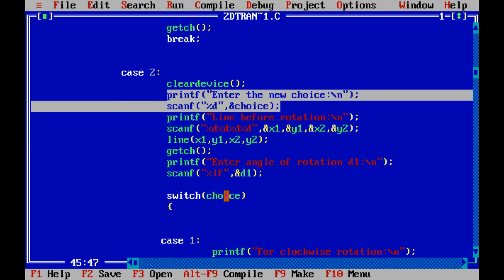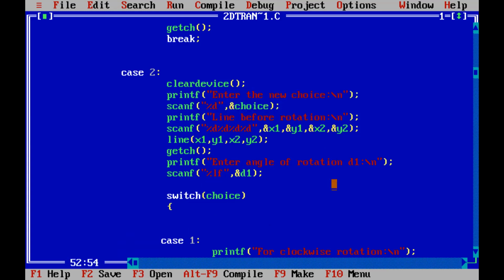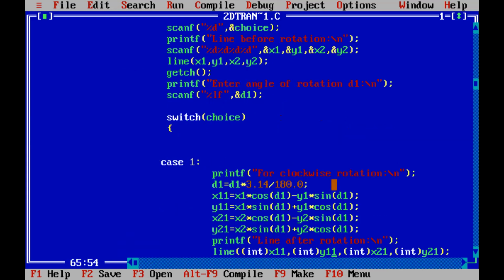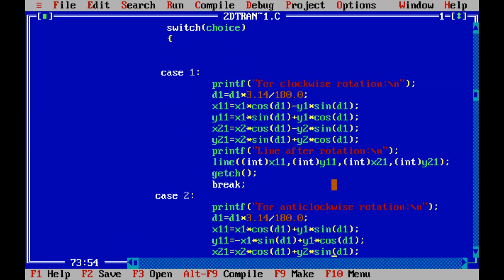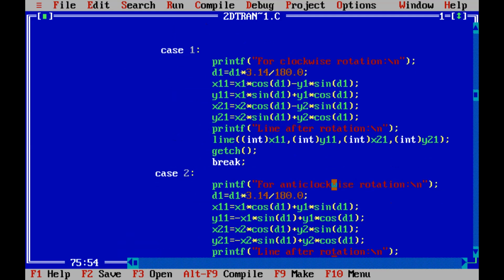Next, according to the choice, whether it is clockwise or anti-clockwise, the choice is taken. So see here, choice 1 indicates the clockwise rotation, and case number 2, that is choice number 2, indicates the anti-clockwise rotation.